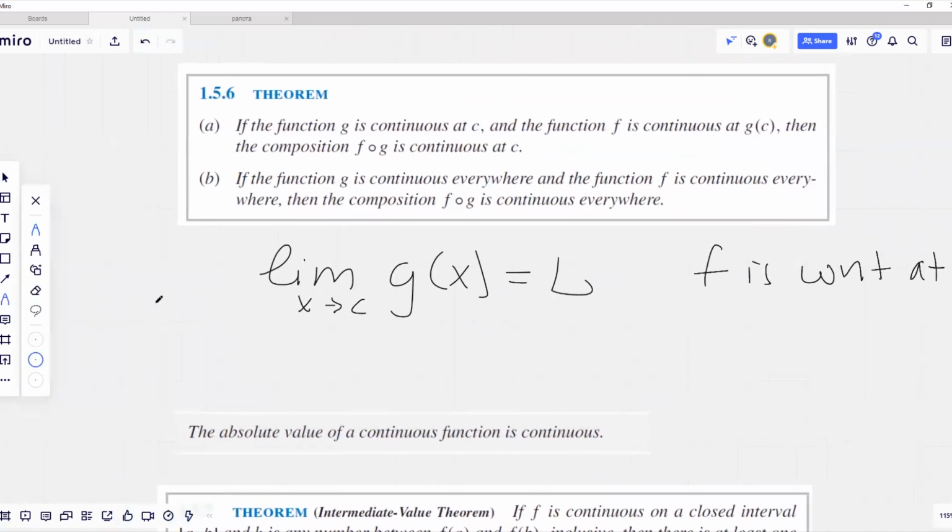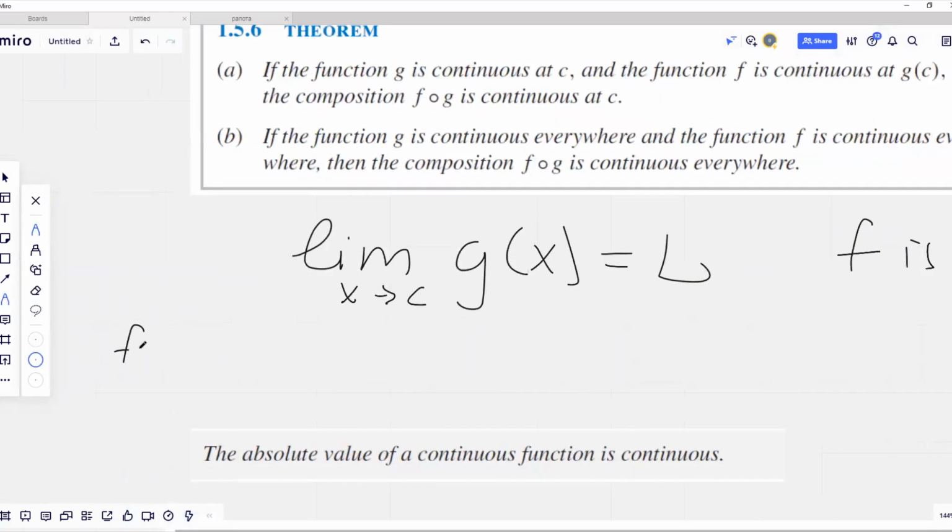So basically what we need to show is that the composition is continuous at point C. To do so, we need to show that the value of their composition at point C is equal to this two-sided limit of their composition at point C. Let's show that this can be brought to this form here.